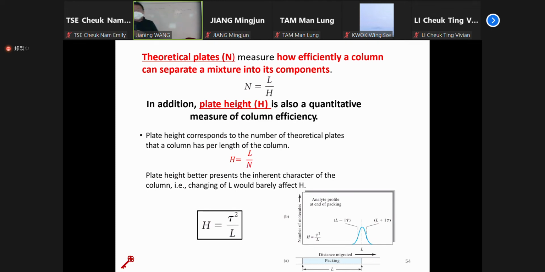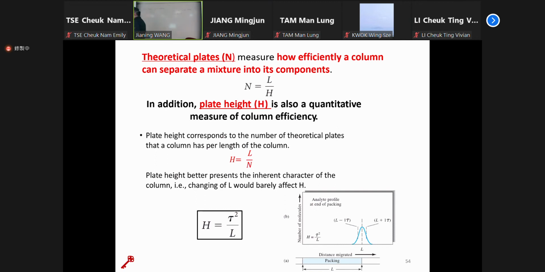We always add the word column before efficiency. So when we say column efficiency, we are talking about the plate height. Usually we avoid using just efficiency because this word may cause confusion.